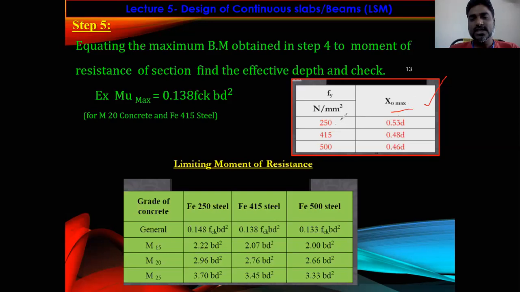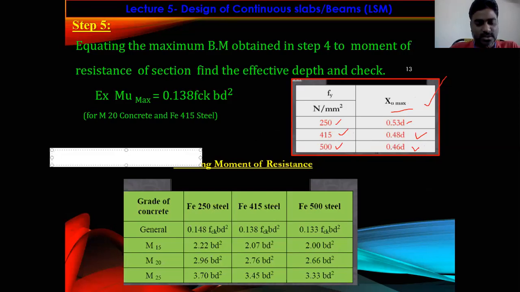So for 250 grade steel, it is 0.53 d. For 415 steel it is 0.48 d. For 500 steel it is 0.46 d. So substitute these values in your Mu limit. So what is the formula for Mu limit? I hope you already remember.